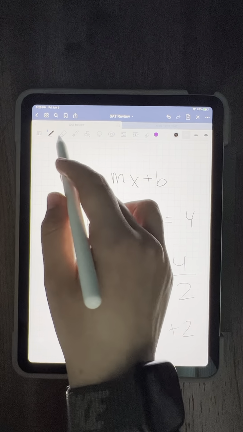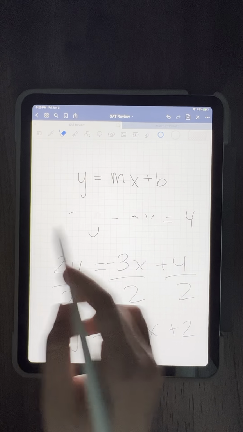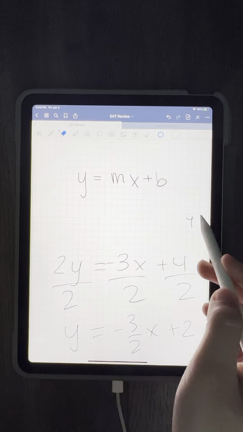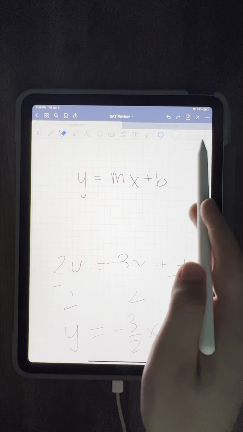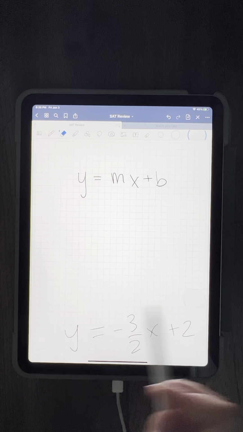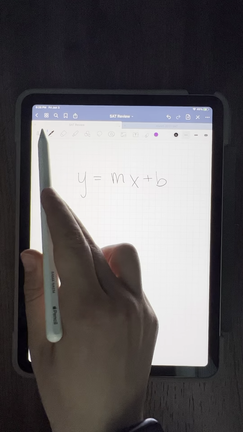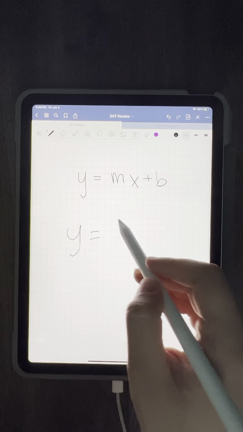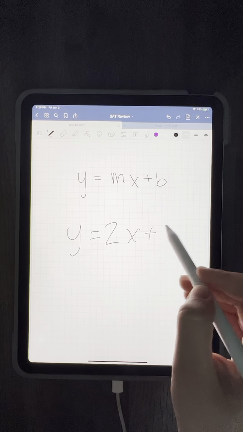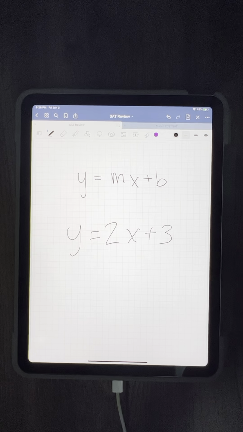And you also have to know another thing, and that is perpendicular and parallel lines. So basically how this works is, if you have your y equals mx plus b, and say, for example, it's y equals 2x plus 3, right? They might give you this equation and be like, find an equation that is perpendicular to this.